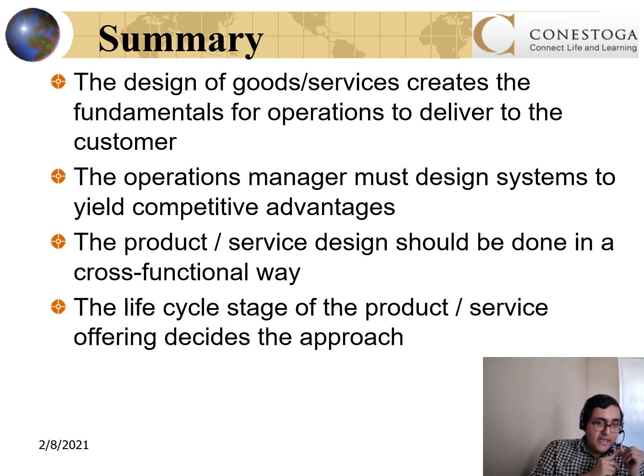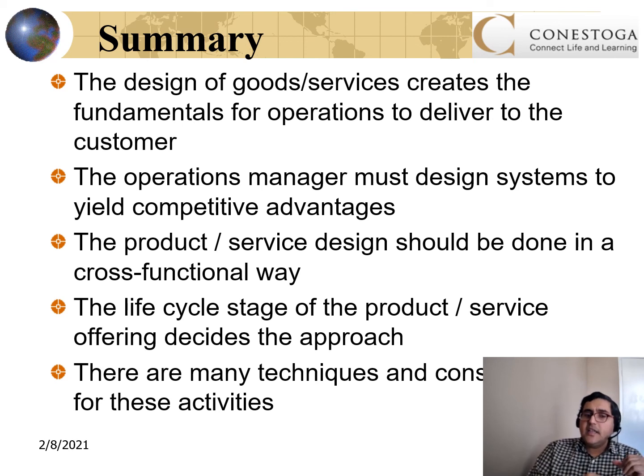It's also important to consider the life cycle of the product when deciding which method you want to go ahead with. And there are various techniques, like decision trees, that can be used to select the various aspects of NPD, new product development. With this, we are finishing this particular chapter.